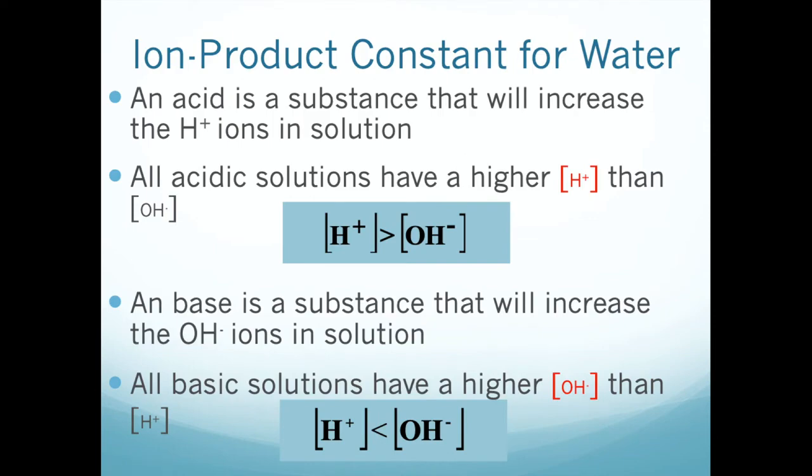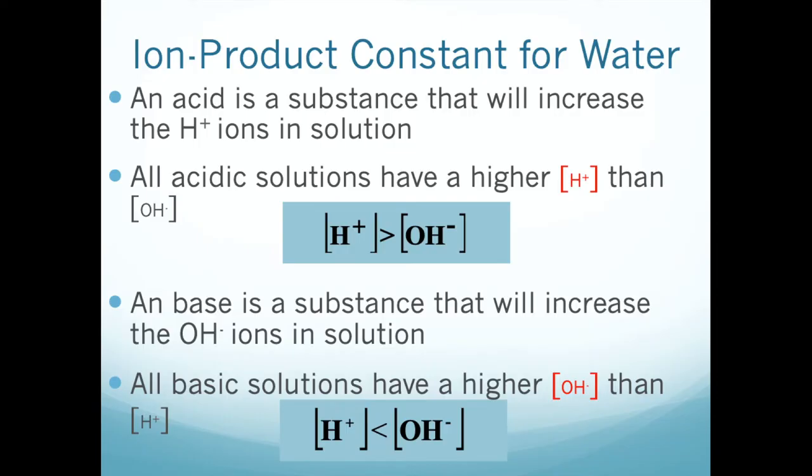So, what does it mean for a solution to be acidic or basic? Well, remember, in that Arrhenius definition, an acid is one that has a lot of H+ floating around. So if your H+ concentration is greater than your OH- concentration, that tells you that you have an acidic solution.